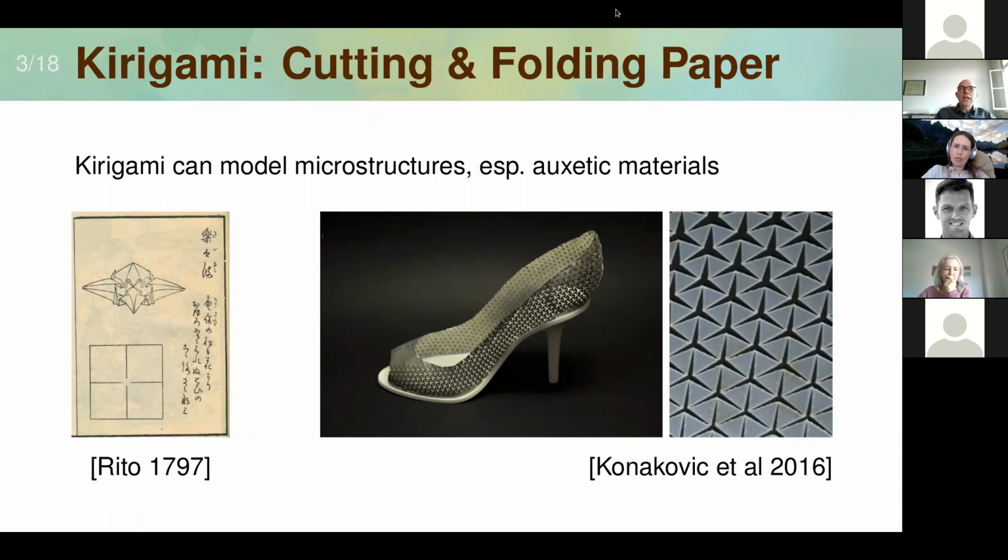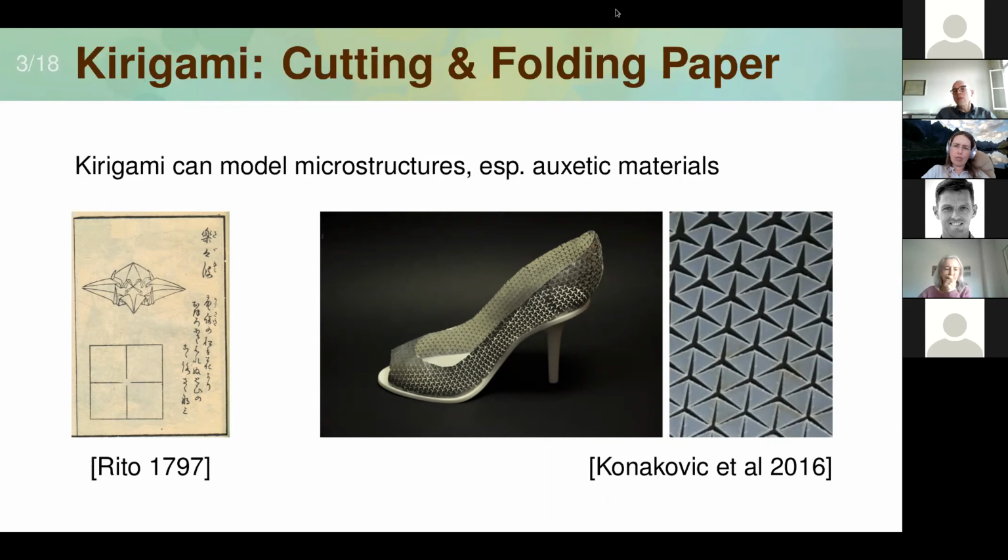Usually in continuum mechanics, in engineering, when you have materials and you pull, it doesn't become bigger. It becomes longer but thinner at the same time, so that the volume is preserved. Materials that expand in all directions when you pull at them are counterintuitive.